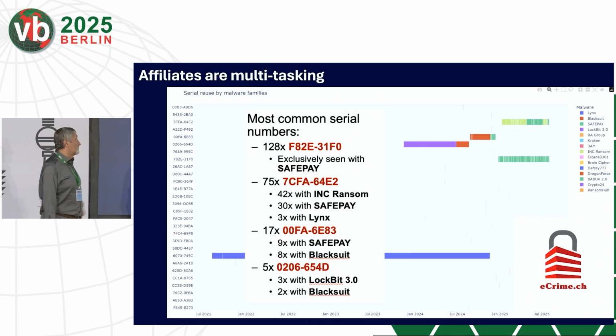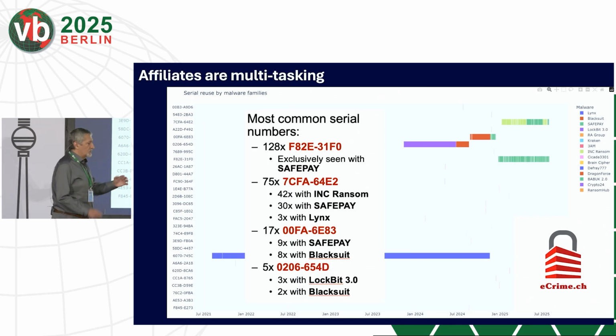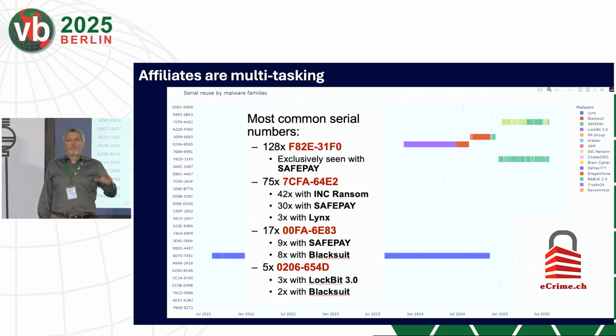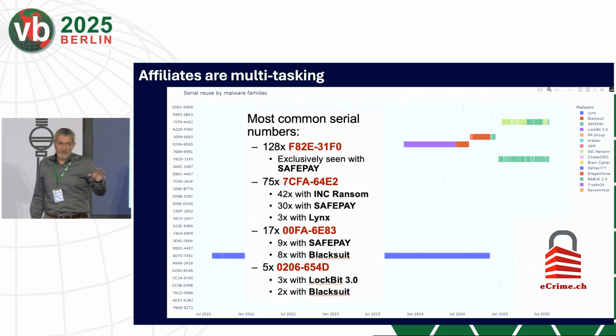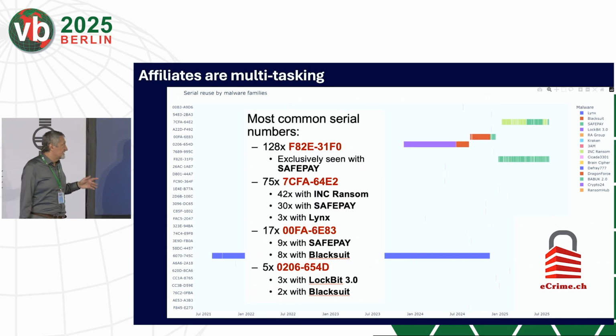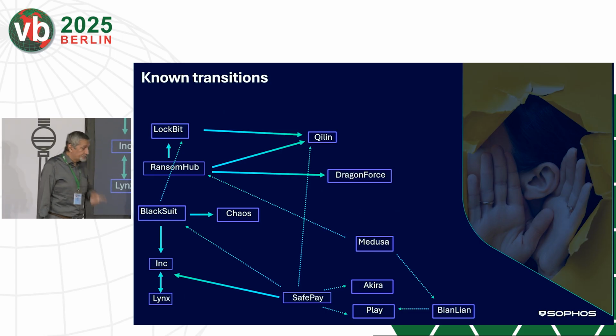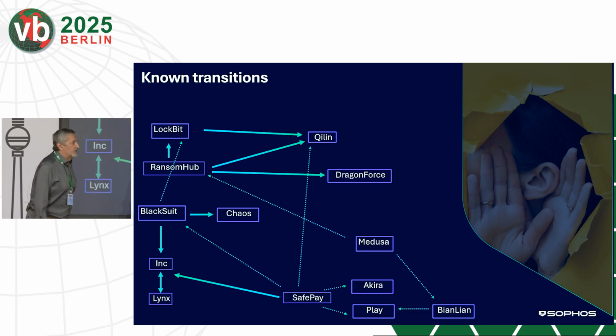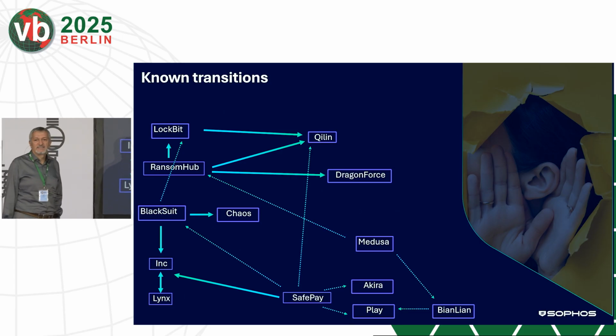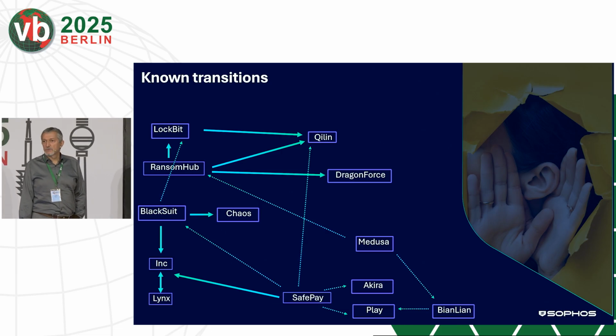Also, SafePay overlapped with Blacksuit and Lockbit as well. So these overlaps were established by the same affiliate working in all these operations. Using this and other publicly available information, I threw up this initial map just to guide the thought.